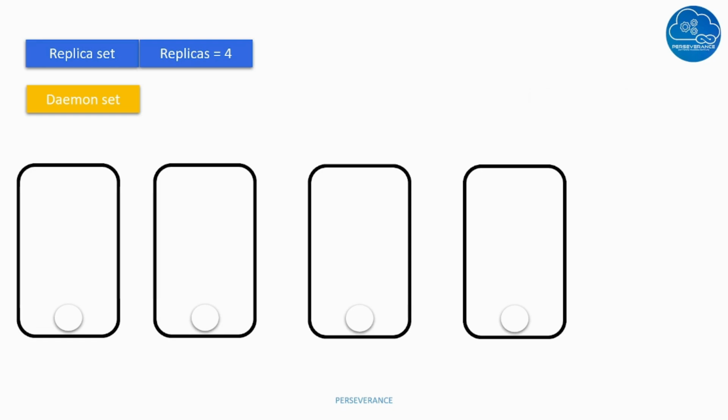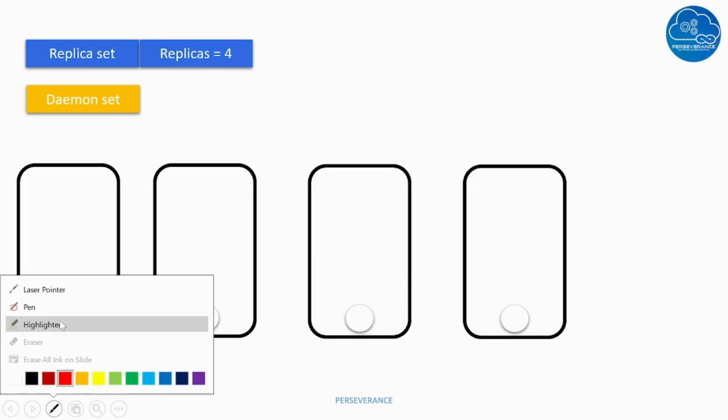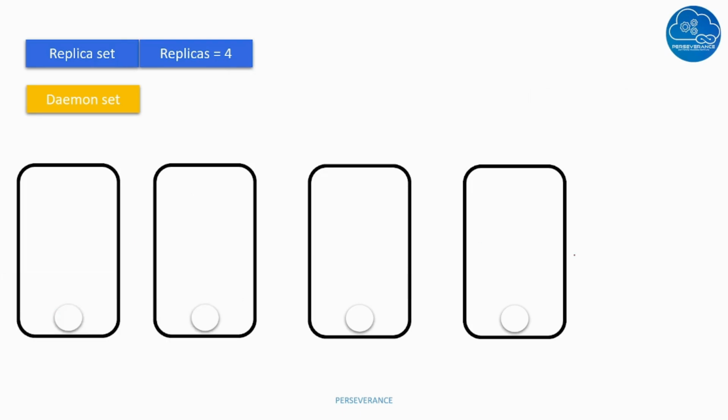It might be on any worker node. For example, the replica set count I have given is 4, and in case we have 4 worker nodes, the replica set can deploy 2 pods here and 2 pods here. It does not care about worker node preference.